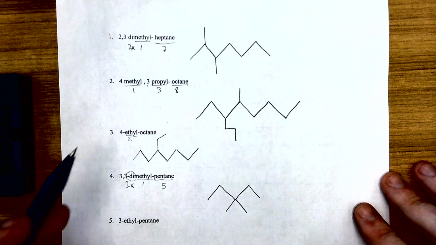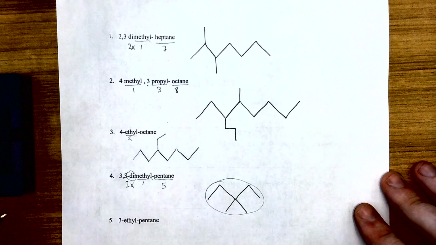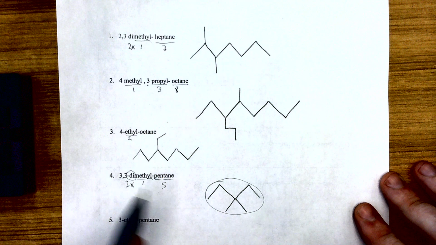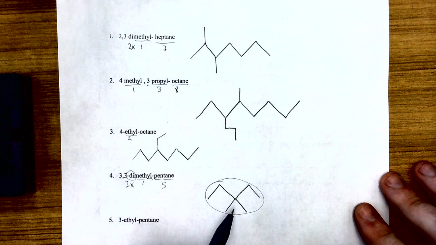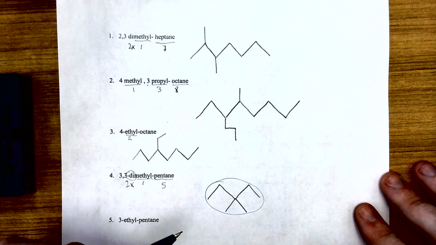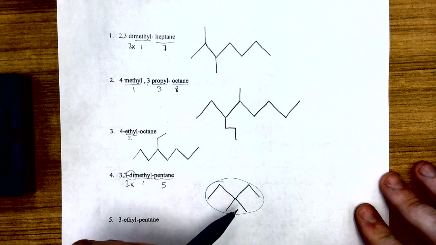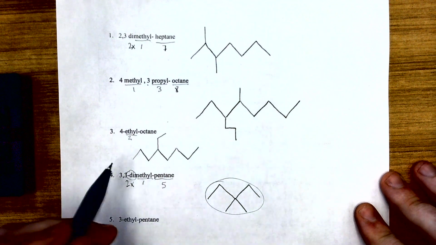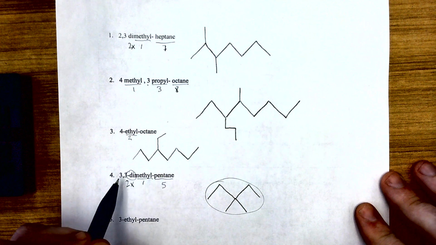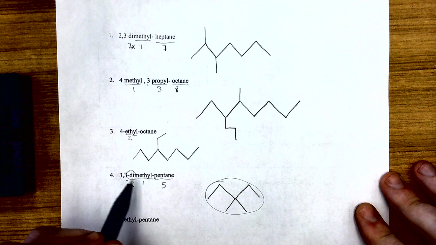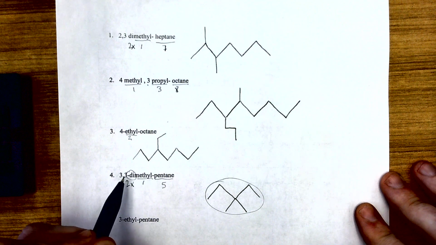Before I end the video, I want to zoom in on this guy because I get a lot of questions from my students. Does it have to look like this? No, it doesn't. I really don't care how you draw it. All that needs to be true is you need to follow the naming conventions. You need to have 2 methyl groups coming out of the 3rd carbon.